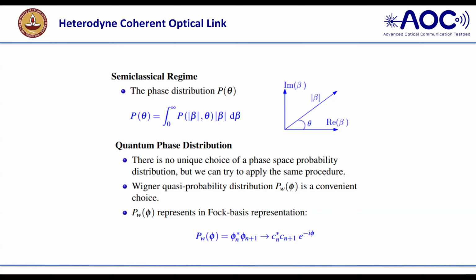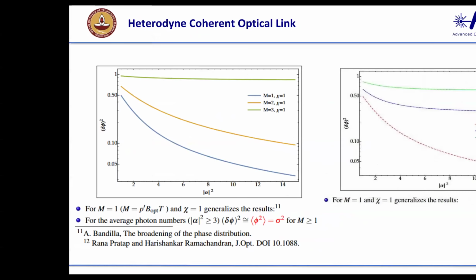This is the quantum phase distribution, whereas in the semi-classical case we have a single probability distribution function, only P of theta. In the quantum case, you can use Wigner's quasi-probability distribution function, the coherent state representation, and many other types of quasi-probability distribution functions exist. But Wigner is much easier to solve.